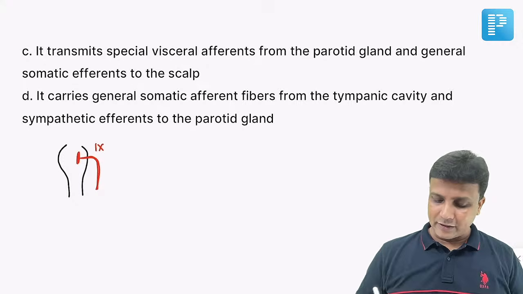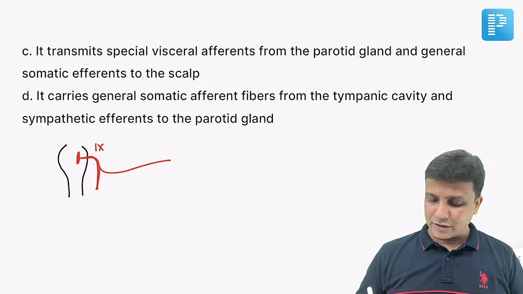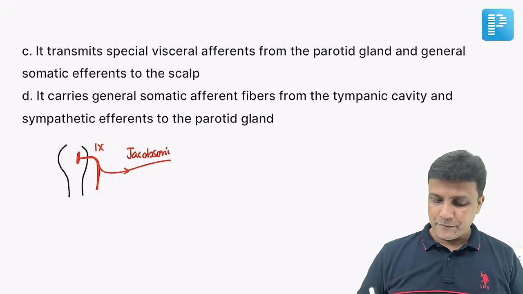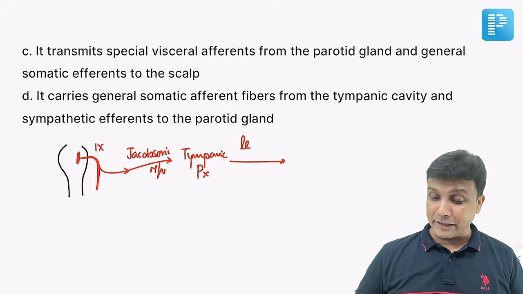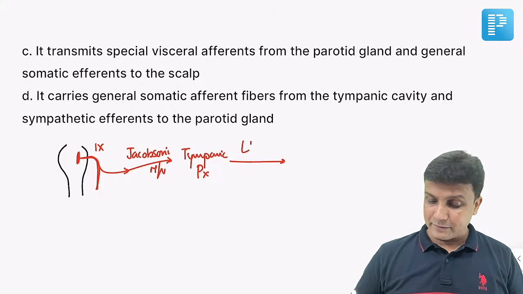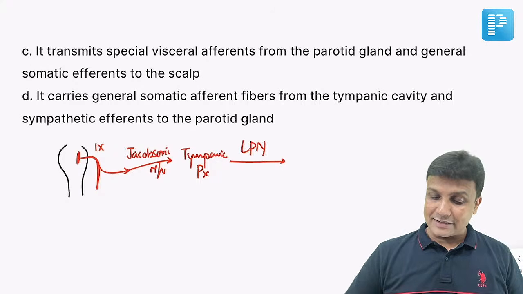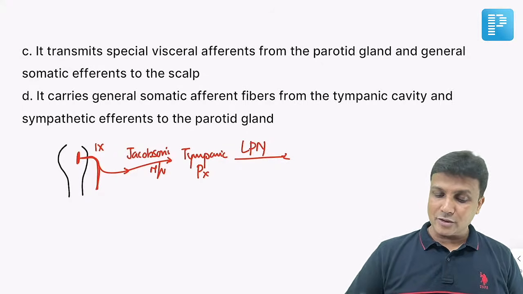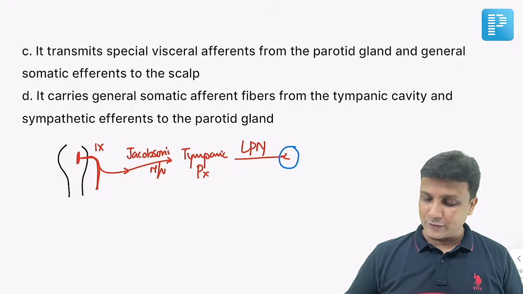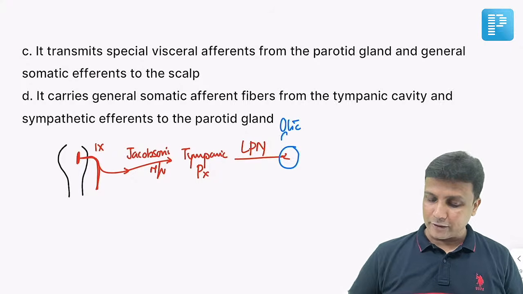This ninth nerve gives rise to a branch referred to as Jacobson's nerve, which supplies the tympanic plexus. From the tympanic plexus, another nerve begins, that is the lesser petrosal nerve. This lesser petrosal nerve finally ends in a ganglion, the otic ganglion.